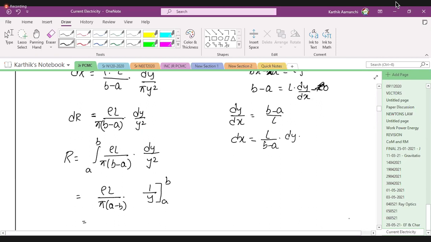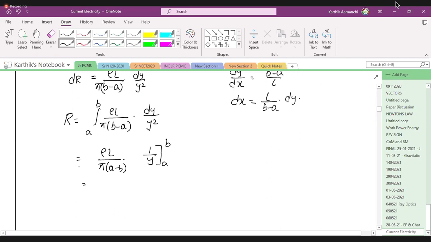Meaning rho L by pi AB. They'll get minus, right? No, sorry. Minus. Understood? Yeah, minus will be there, sir. That's going to be minus, no?